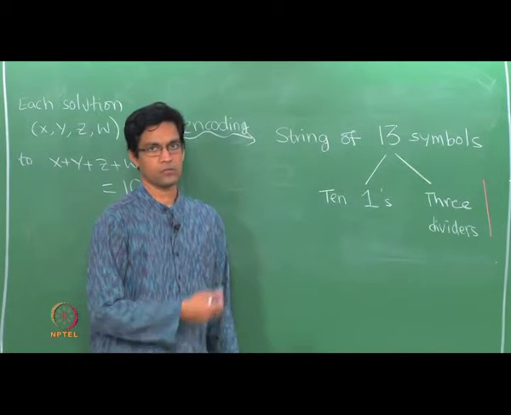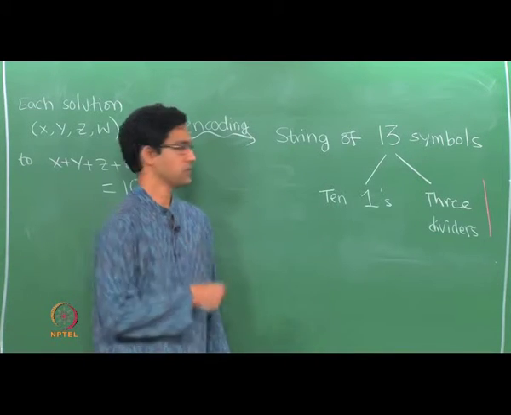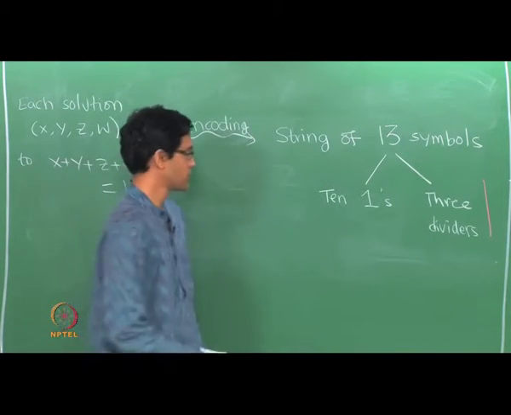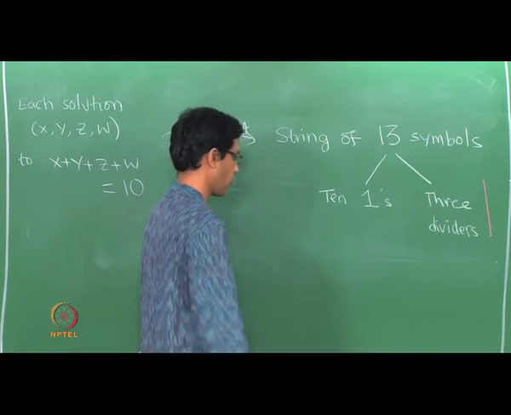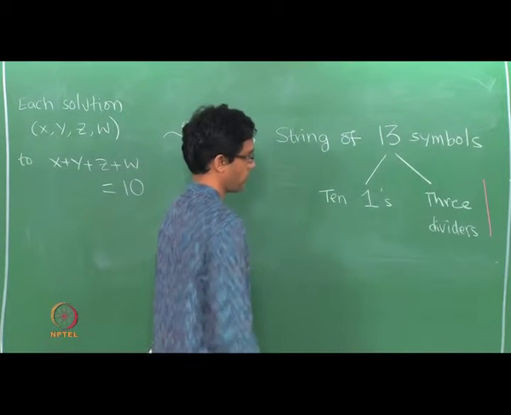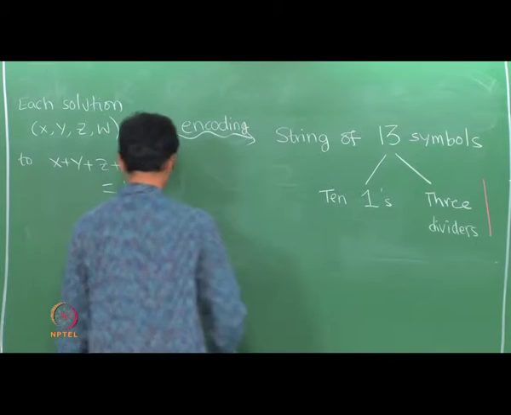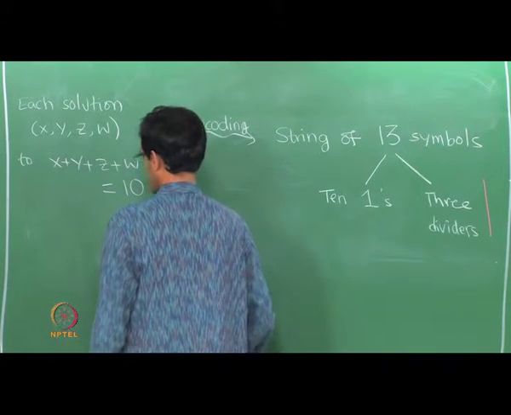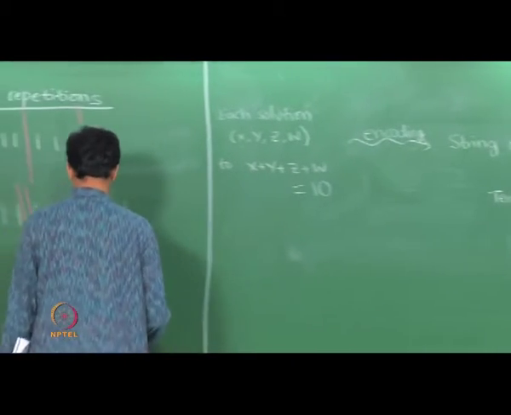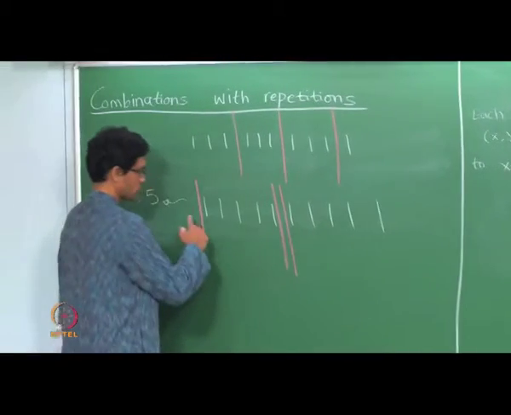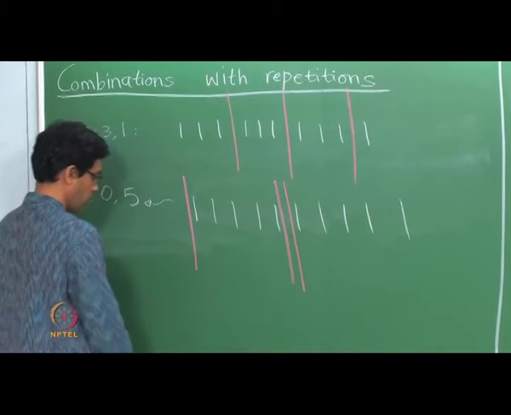Often the divider itself is hard to write when the other symbol is a 1. So to make it uniform, we replace the divider by a 0. Instead of looking at a string of 1s and dividers, you might as well look at it as a string of 1s and 0s. So for instance, the string that we wrote out in the end, which had a divider in the beginning and so on, would be the following.